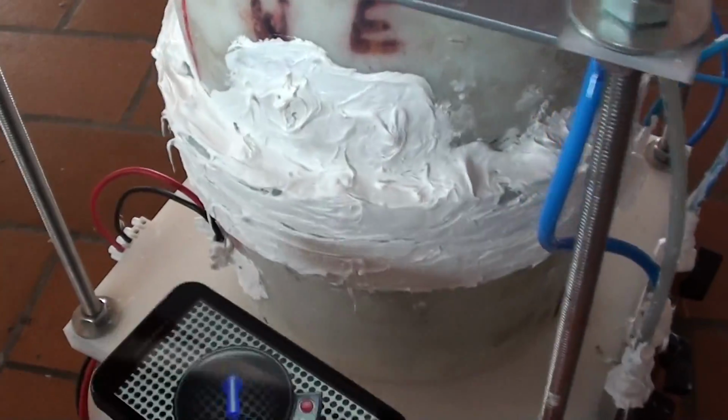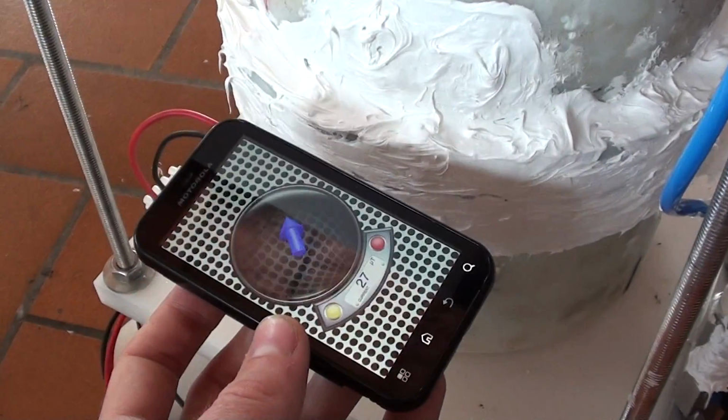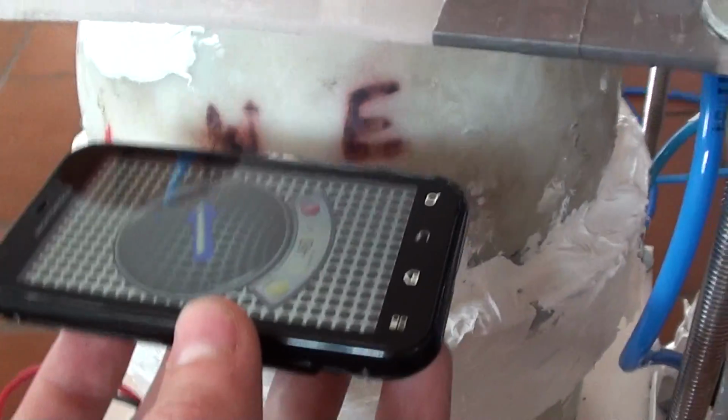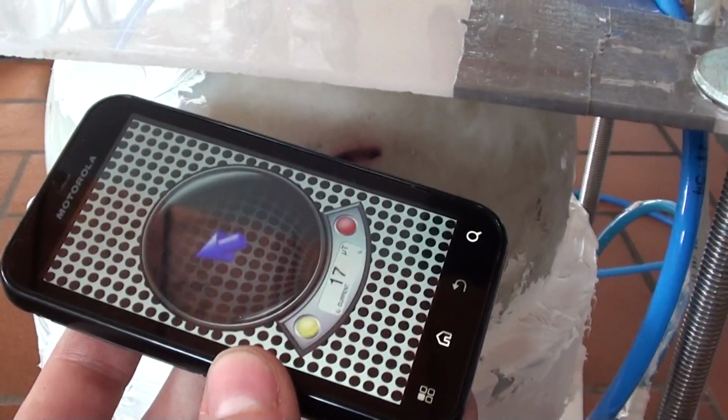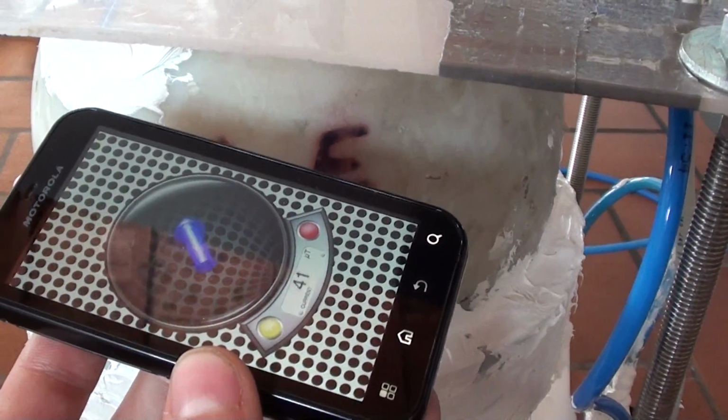So let's check it from another side. On the top part. From the top.